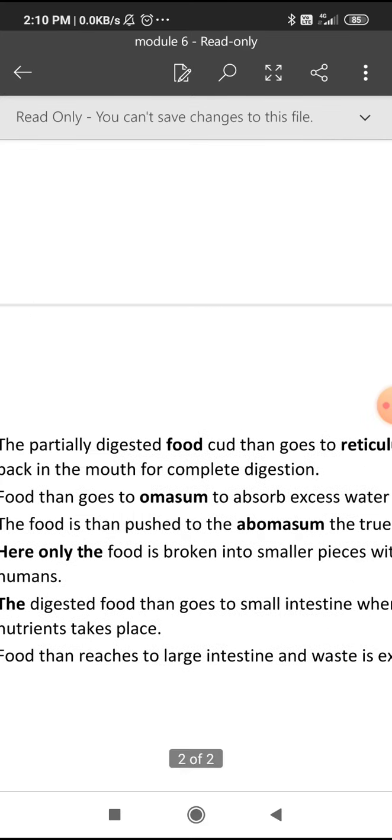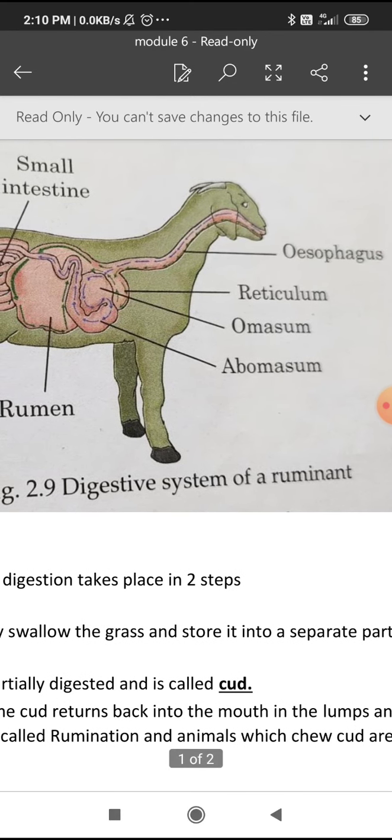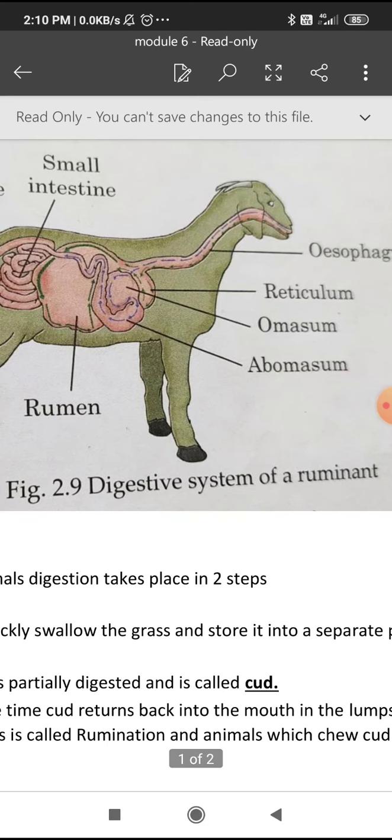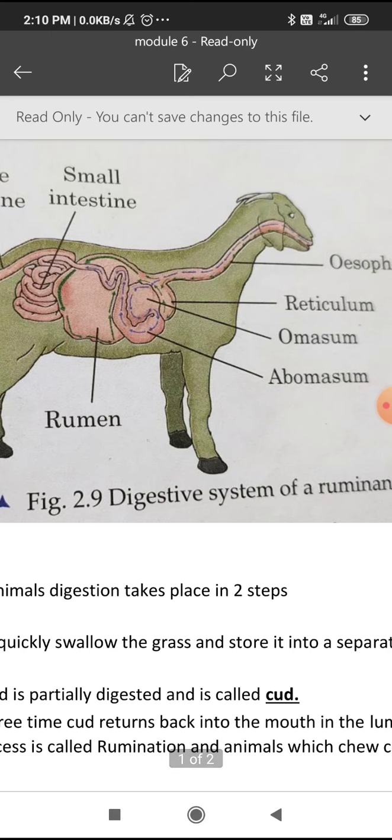So you can see in the diagram the 4 chambers: esophagus, that is a food pipe, again the reticulum, then the omasum and the abomasum. So food from the mouth goes in the rumen. Then the partially digested food from the rumen goes back through the reticulum to the mouth.